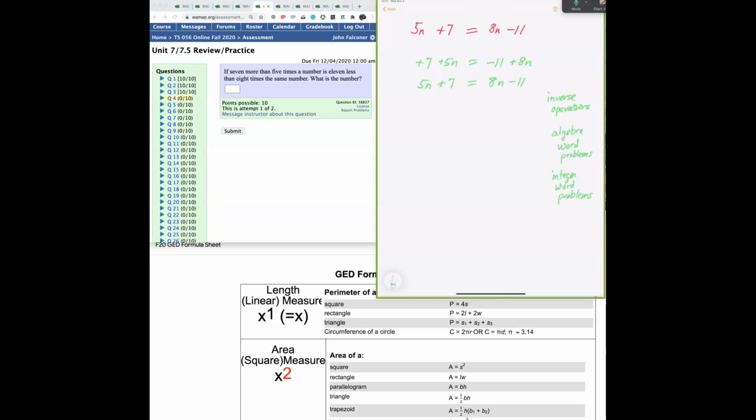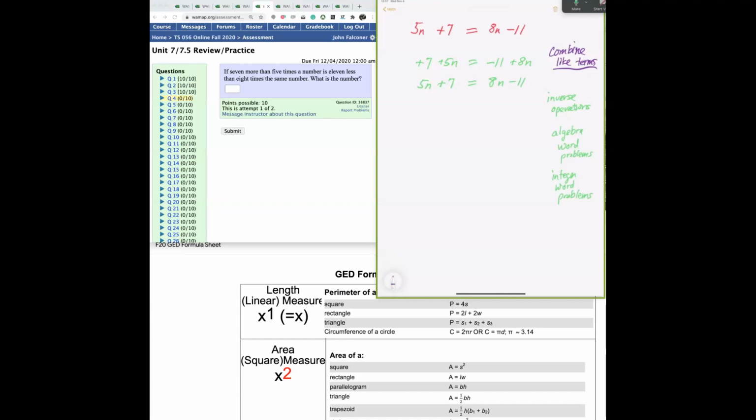So when we are solving for a variable like this, we want to combine like terms. Like terms is another search term you can use. You could take it to Khan and type in like terms and learn more about it.